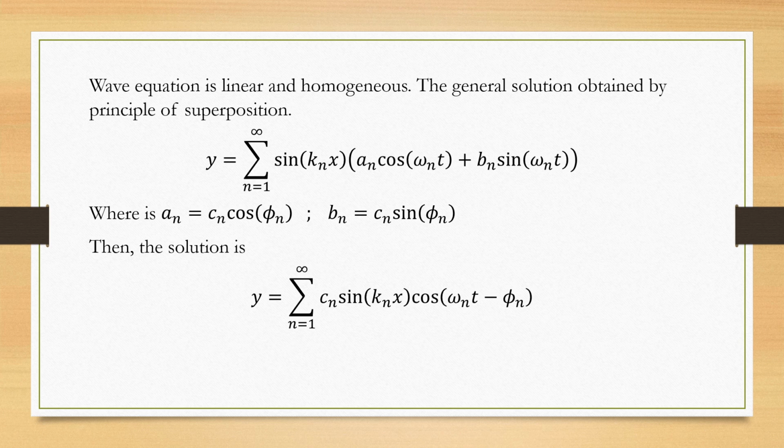So this is the general solution obtained by the principle of superposition, where a_n is equal to C_n cos phi_n and B_n is equal to C_n sin phi_n. So we can substitute these, and this is the final solution.